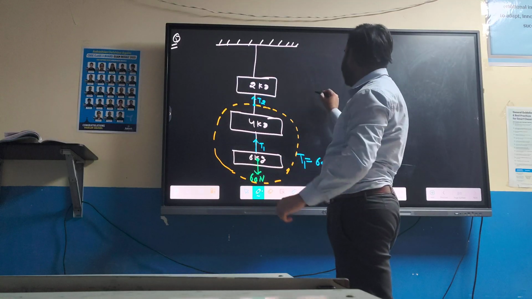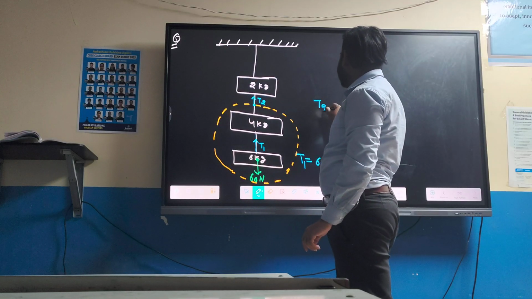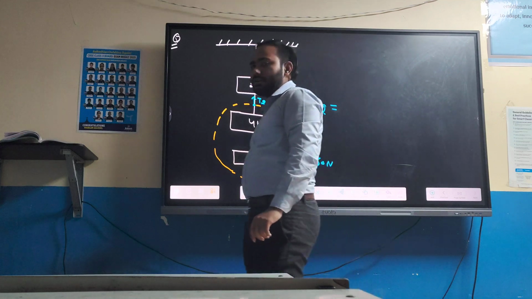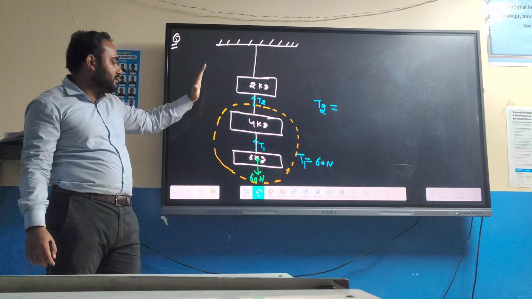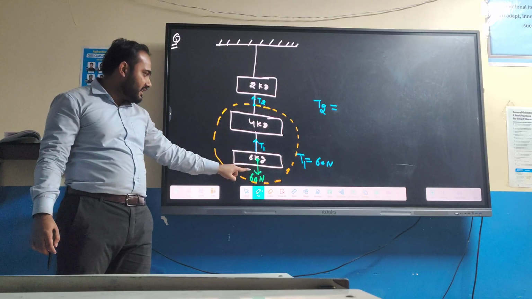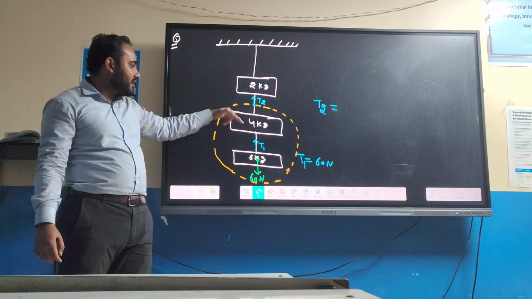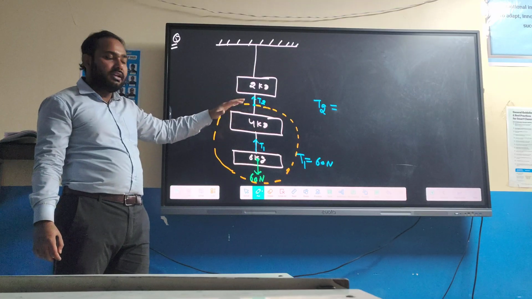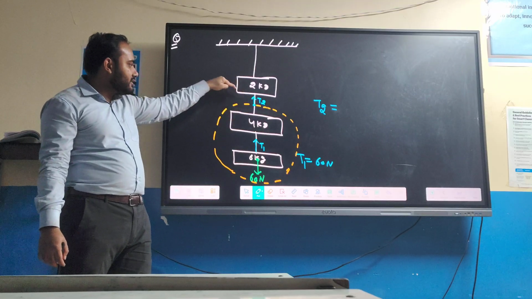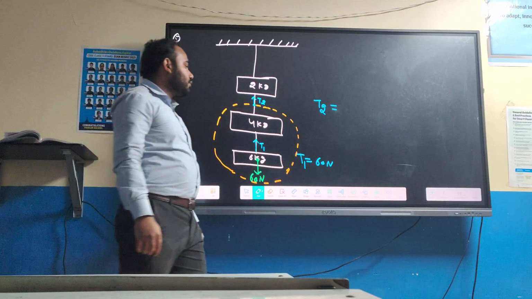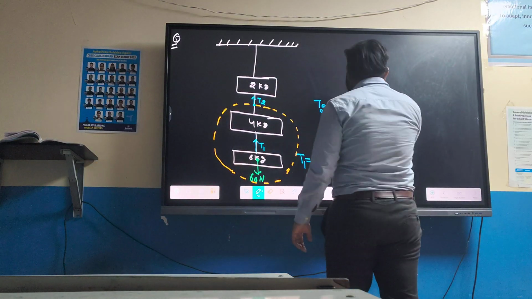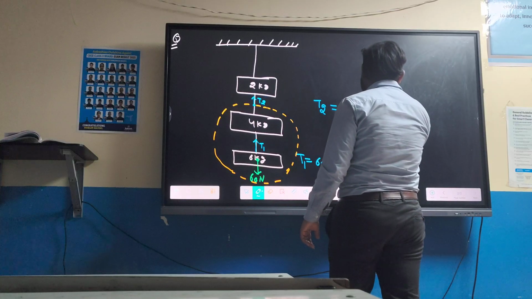Then we can say that the upward force, that is tension T2, will be equal to the downward force. Will I take 60 or 6 plus 4, that will be 10, or 100? For T2 we have considered 4 kg and 6 kg as one system, so the total gravitational force will be 100 Newton. Simple.